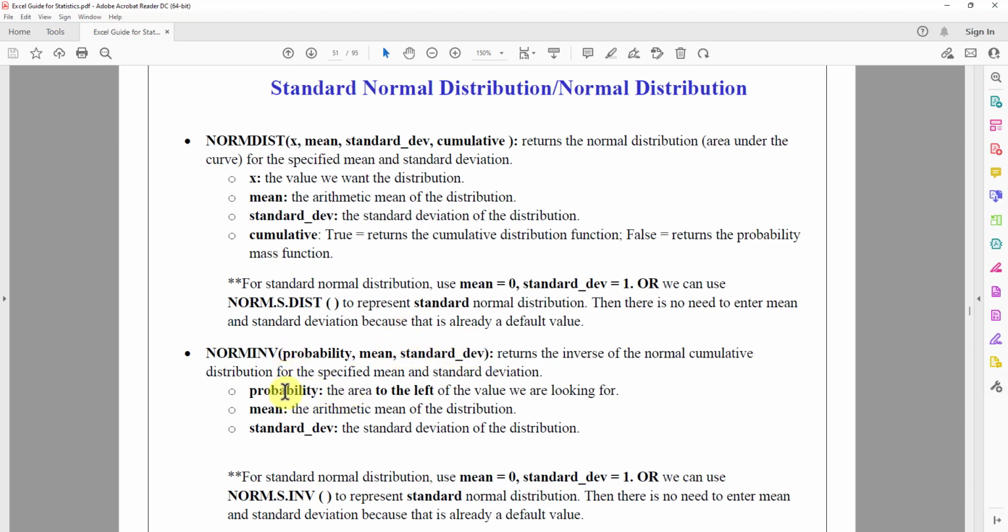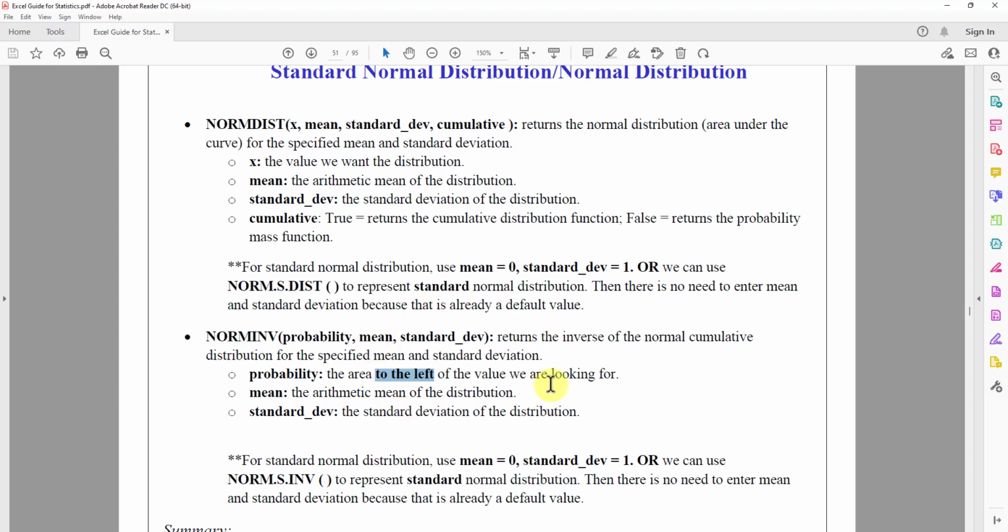Probability, this is the tricky one. Make sure that we look for the area to the left of the value that we are looking at, okay? The area to the left. Mean is just a regular arithmetic mean, and then the standard deviation is just the standard deviation of the distribution.